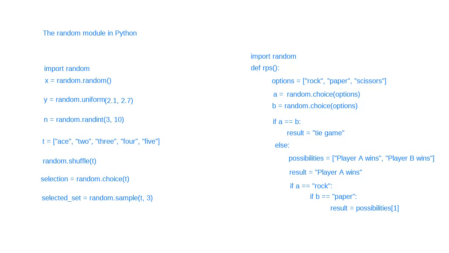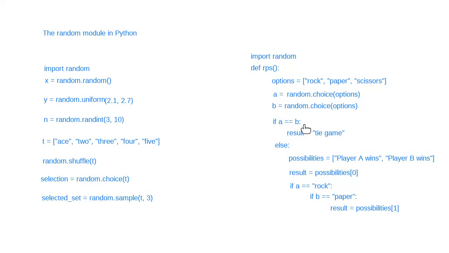Okay, so earlier when I set result equals player A wins, we could have said possibilities 0. Back here, and what's the idea then? If we decide to change what the possibilities are, we could do that one time in the list here and not have to change it multiple times.